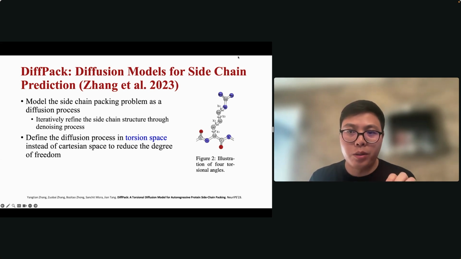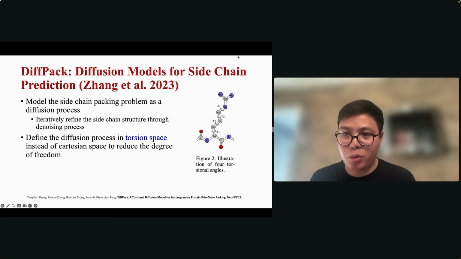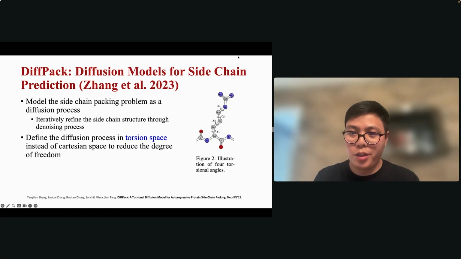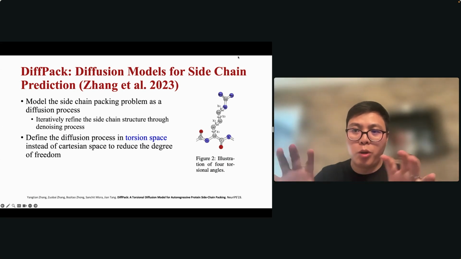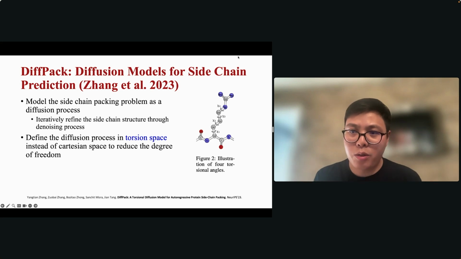That's why in this particular work, we proposed diffusion models to accurately predict the side chain structures of protein. Side chain structure prediction is very important for drug design, because for either small molecules or proteins, interactions between two molecules mainly happen through the side chain interaction. So that's why side chain structure prediction is a very important problem.